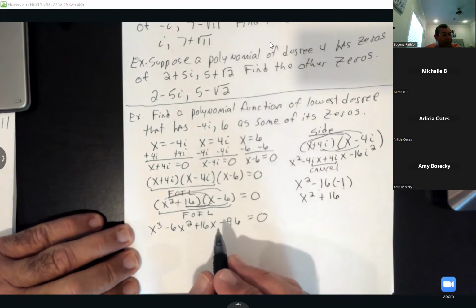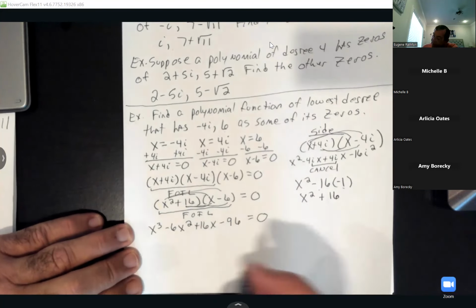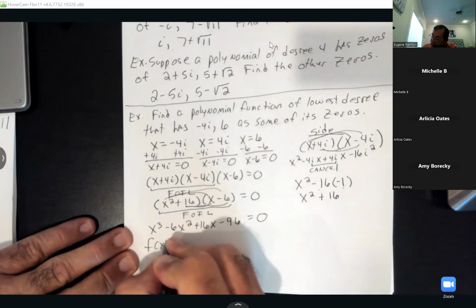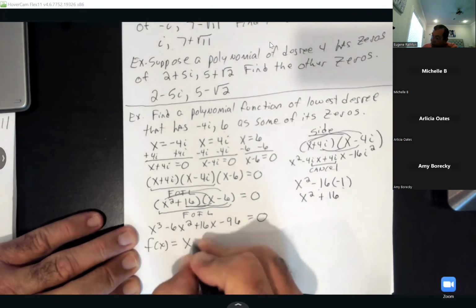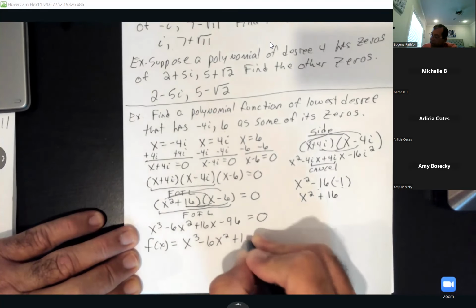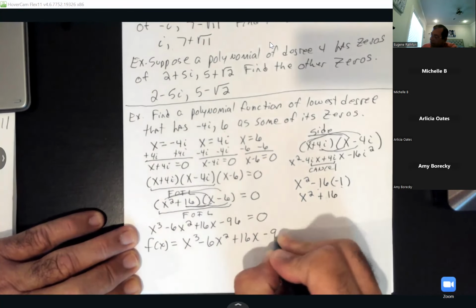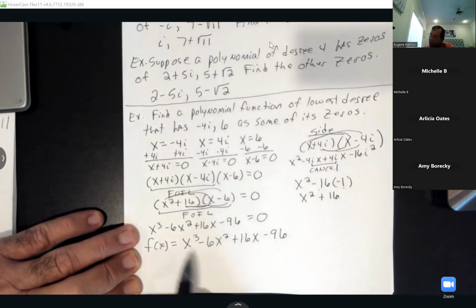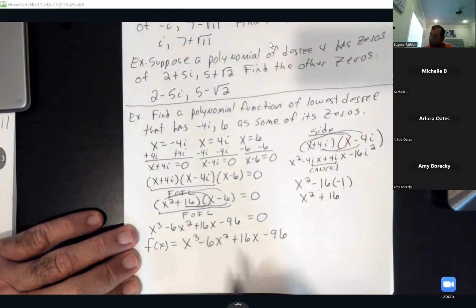But let's see, MATLAB, they'll give you the f of x. All they want is the polynomial. x cubed minus 6x squared plus 16x minus 96. So I was lucky on that when it was already in descending order.